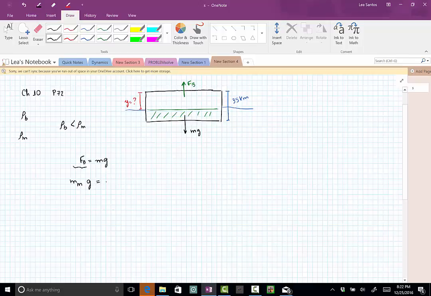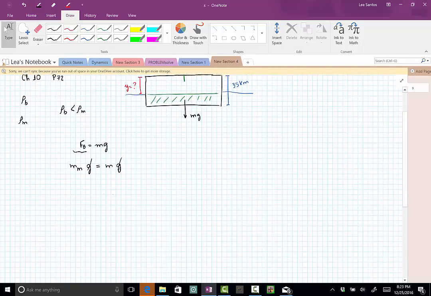So I'm going to write this as weight, and with this I can cancel g. The mass of the mantle they didn't give to us. The mass of the mantle that was displaced so that this continent, this block could fit in, is not given to us. So I'm going to resort to the equation for density.